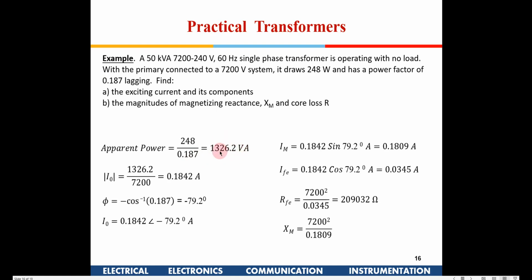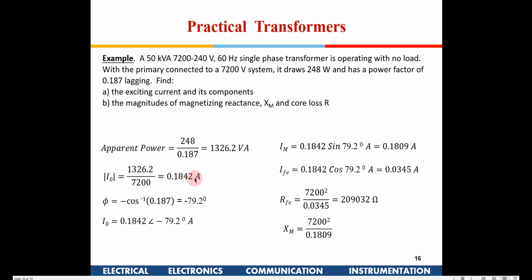This is the apparent power. Now if I divide it by the voltage, which is 7200, in this case we are applying the entire voltage. In the last case we saw that the full rated voltage was not being applied. Here the full rated voltage is being applied, so I divide by that and get the current.